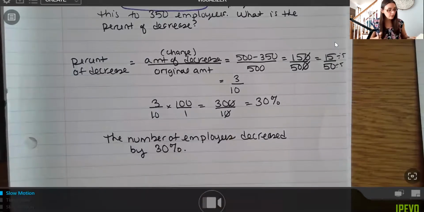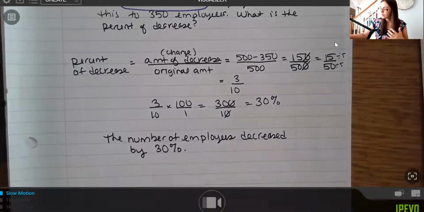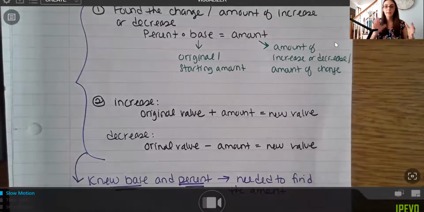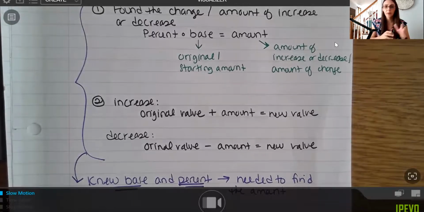And again, these percent increase and decrease problems can really get much more complicated too. So we've looked at two styles here, which tend to be two of the more common ones. So again, for the first case we looked at, just as a reminder, we were able to start by knowing the percent and the base so that we could find the amount.